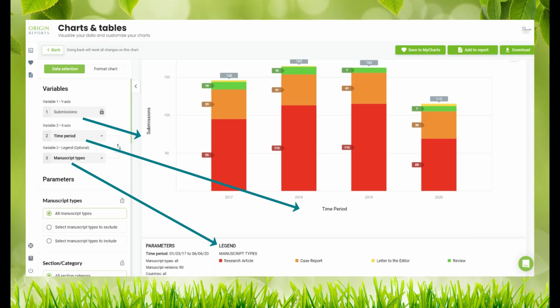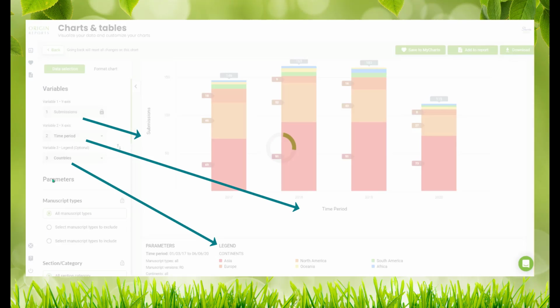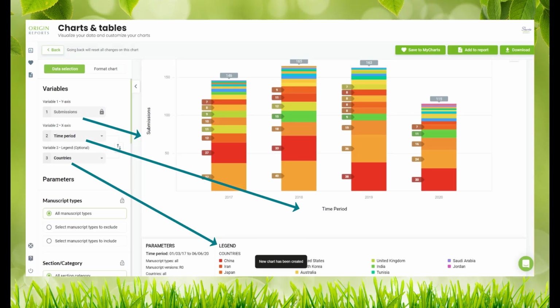You could also do on that same chart, you could add the 3rd variable of manuscript type, for instance. So you could see what types of manuscripts you were receiving in a given year. You could also do it by country.